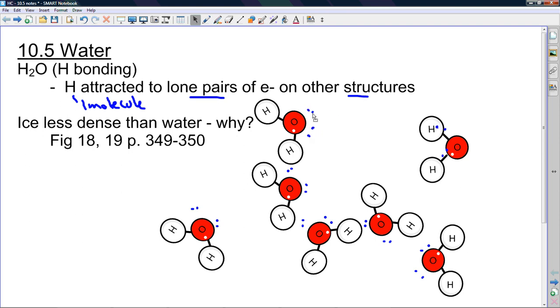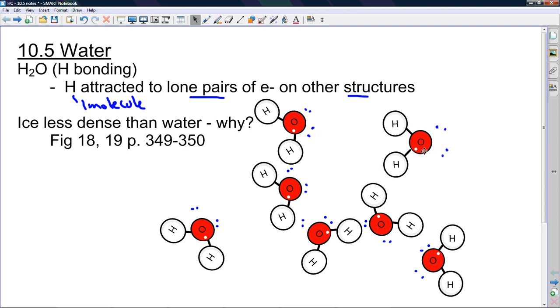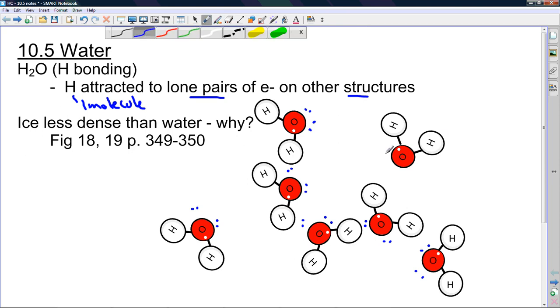And this pattern just continues. If you can imagine that this just keeps going on and on and on. And again, some of these electrons obviously are not wanting to move with the oxygen atom. But you can see the point here.